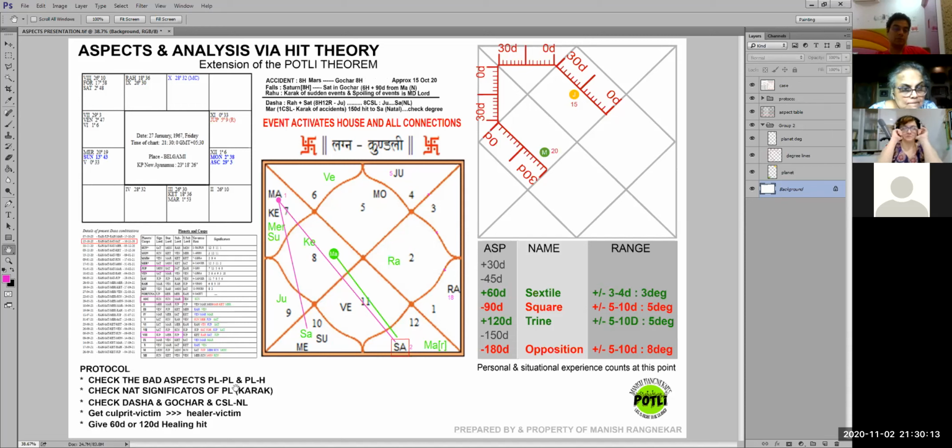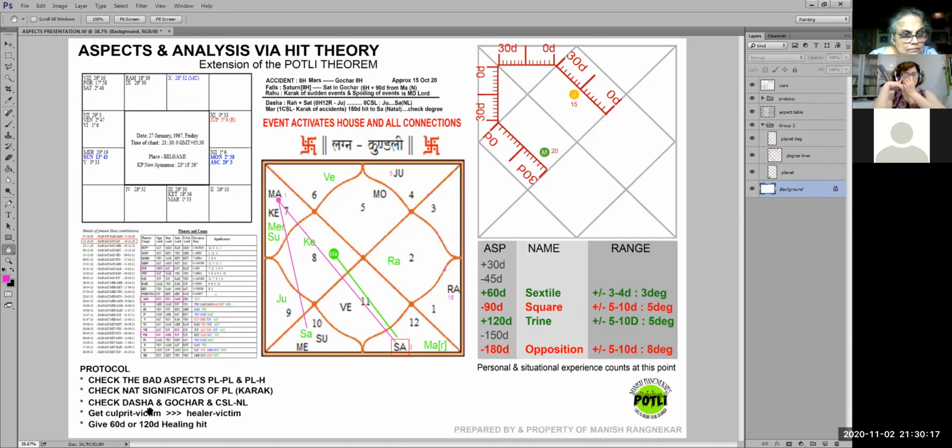First, check the bad aspects planet to planet and planet to house. Then check the natural significators of the planet. And then check them in the Dasha, Gochar, and Kaspal Sublord and Nakshatra Lord. I'll tell you what that means.